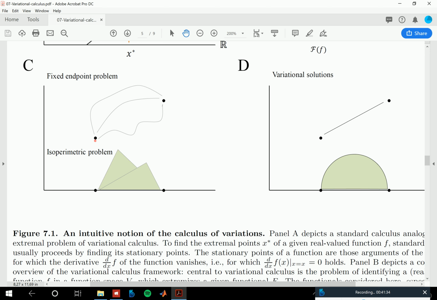There you can come up with many different potential solutions. You can have a function that describes this, you can have a function that describes this, or you can have a function that describes this. Of course, intuitively, you know that if you want the minimal length from this point to this point, you should just go via a straight line. A straight line you can, of course, describe mathematically as a function.